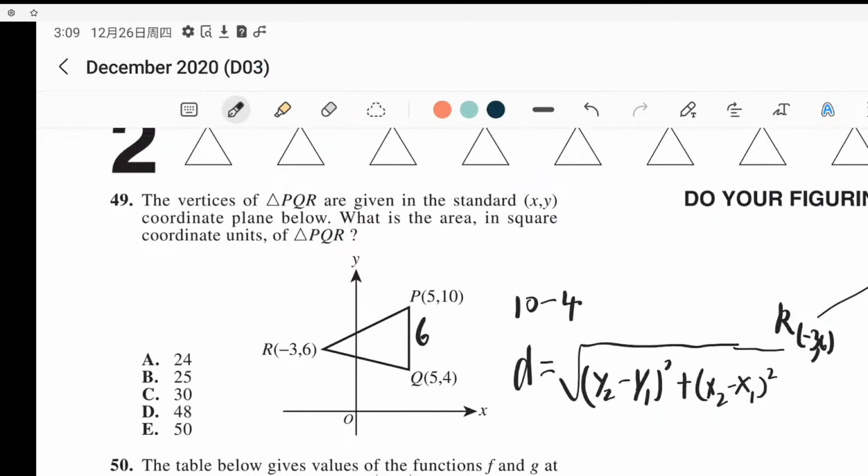And we could draw a right triangle. And then this is y2 minus y1. This is x2 minus x1. Finding this distance, we could use the Pythagorean theorem, which states that a squared plus b squared equals c squared, which derives d for us.